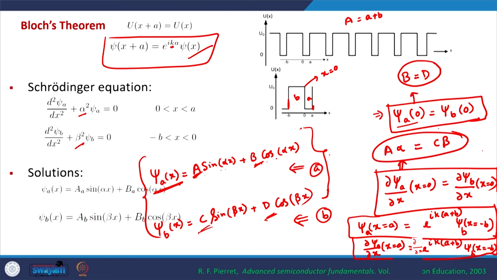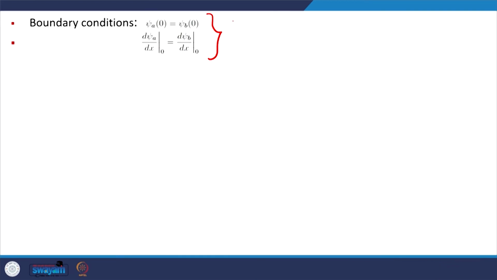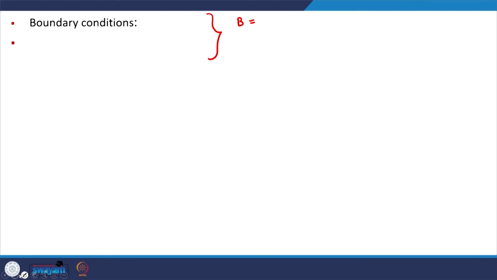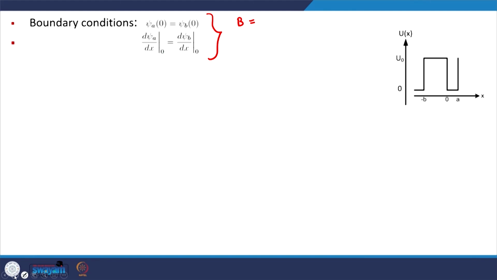So these are 2 relations that we obtain from the boundary conditions. From these 2 boundary conditions, we can directly see that B should be equal to D and A alpha is equal to C beta.